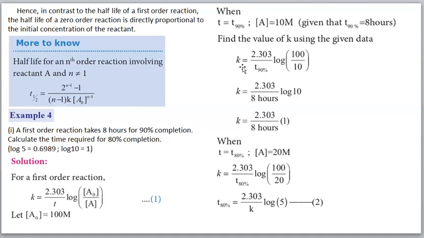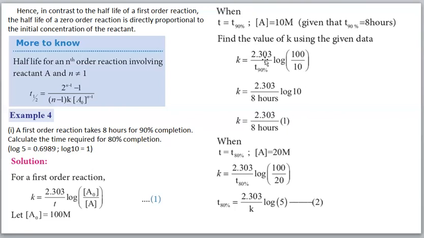So K is equal to 2.303 by T 90% log A0 by A. This is the formula. A0 is 100, A is 10. So the 0 and 0 cancel, remaining 10. Log 10 is 1, we know, and here also they gave log 10 is 1.